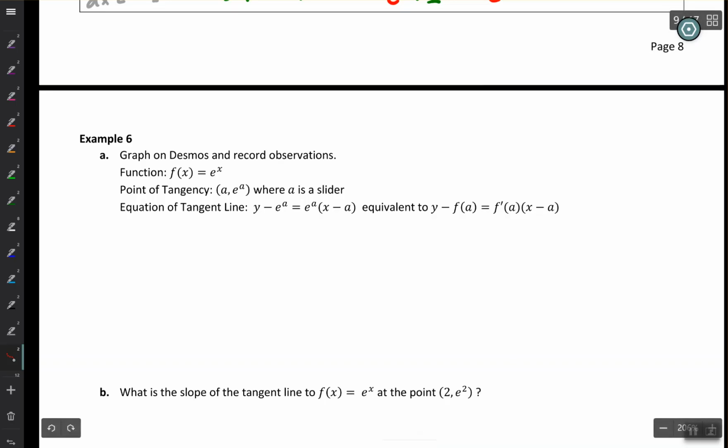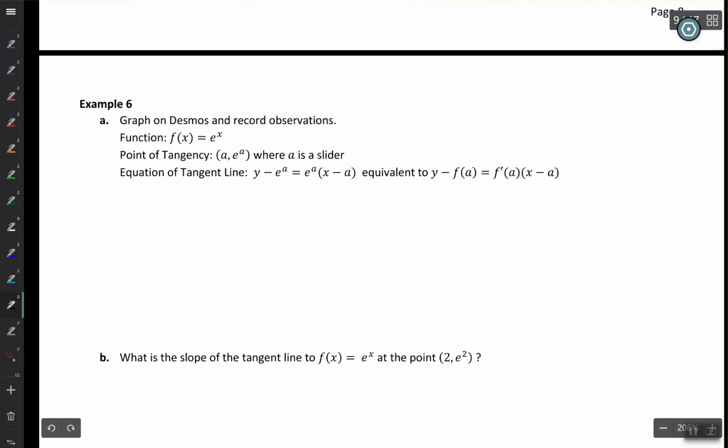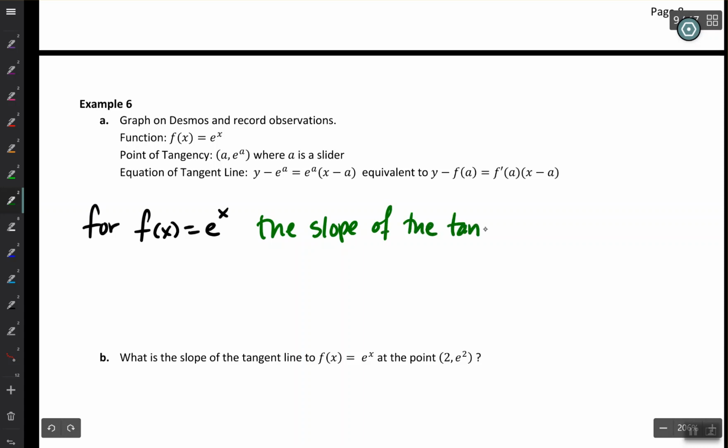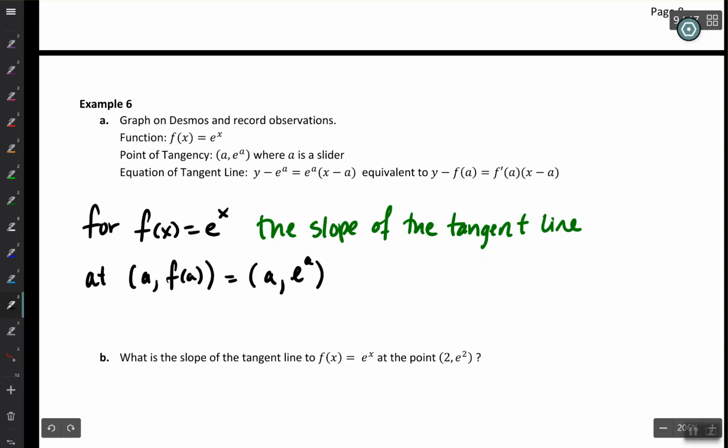Right? So now, that observation, this is really, really cool. For the function, the slope of the tangent line at any point a, f of a, at a comma e to the a, at any point is just the y-coordinate there.